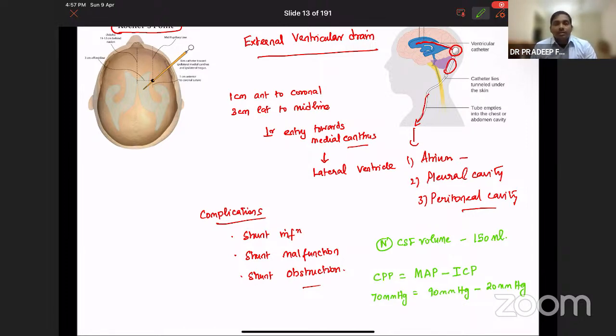It is based on the principle of the Monro-Kellie doctrine, because our brain is in a rigid cranial wall. So inside the rigid cranial wall, you have the vessels, you have the CSF, and you have the brain.